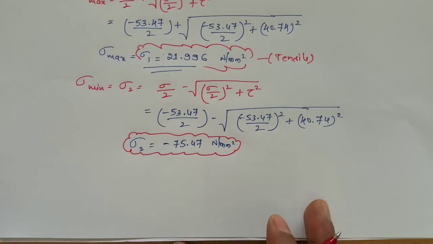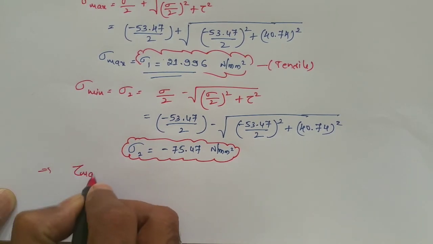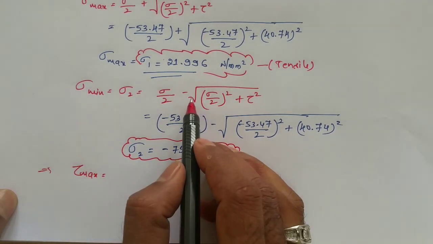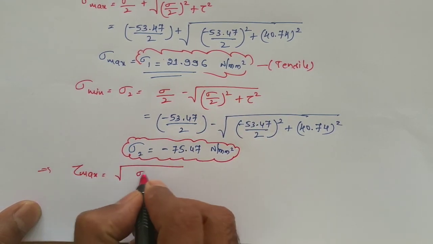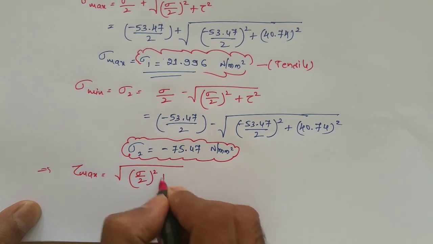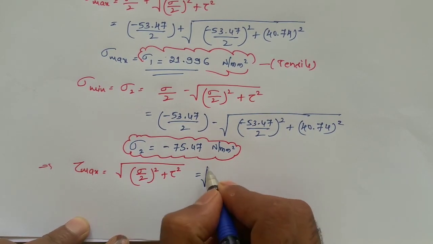Now we move on to the shear stress. Tau maximum is the square root term, which is given by the square root of (sigma by 2) whole square plus tau square. Now we simplify the values.